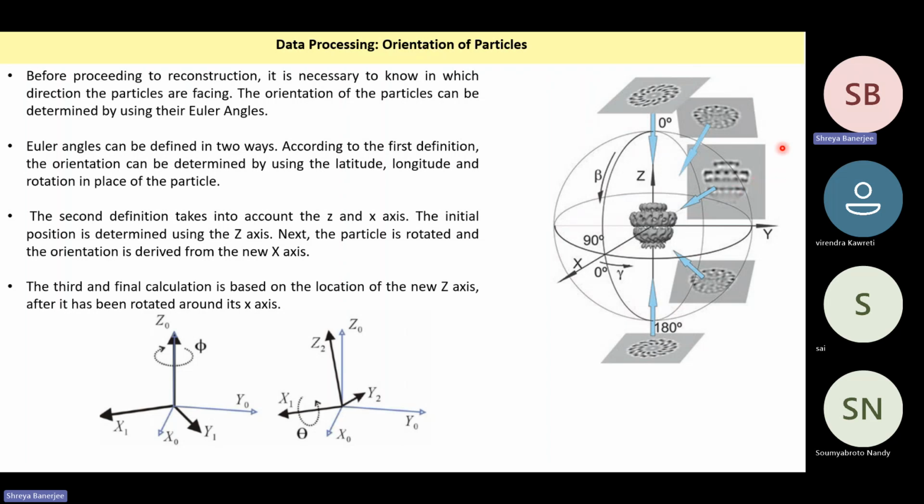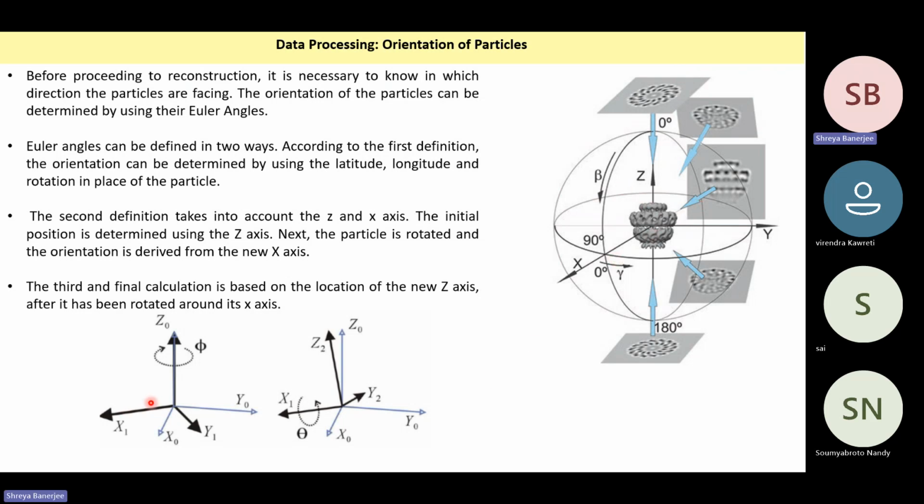If you look at the particle from the side here, you will get an image like this. So that is the rotation. If you have an idea of the rotation, that is from which direction you are looking at the particle, and you have an idea of the latitude and longitude, then you will find out which region of the 3D structure the 2D projection is coming from. So if you have that information for all the 2D projections, you can reconstruct the 3D structure.